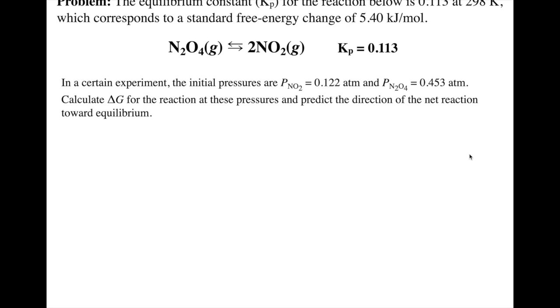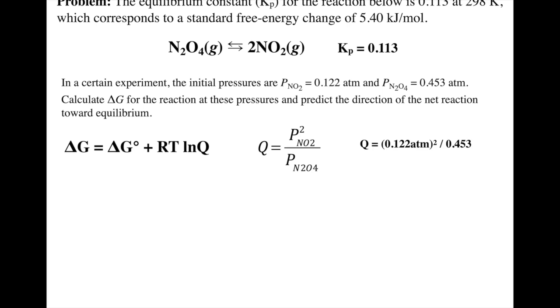So let's say we have these initial pressures. NO2 is 0.122 atmospheres and N2O4 is 0.453 atmospheres. So let's calculate the delta G for this. These are not standard conditions. Standard conditions would be 1 atmosphere for everything. So we have our equation, we have to calculate Q. So we plug in the values, and remember the partial pressure of NO2 is squared.